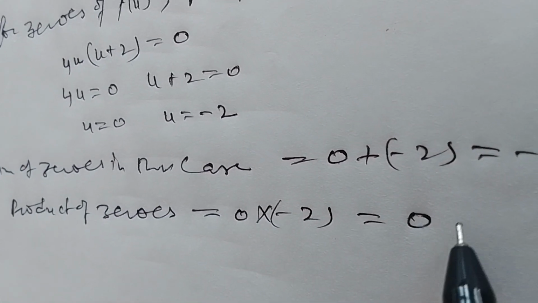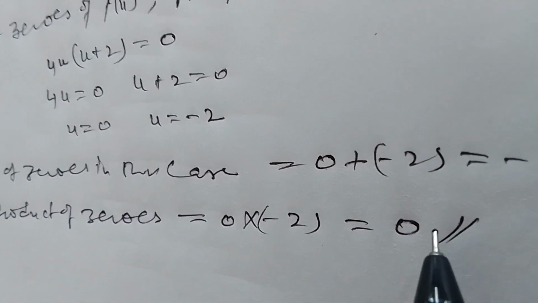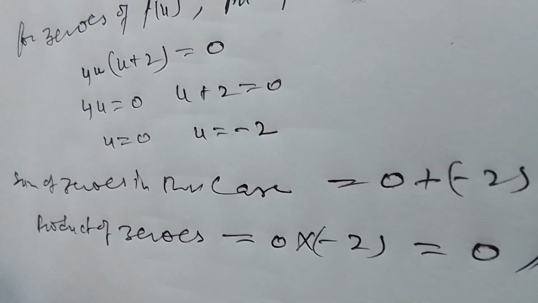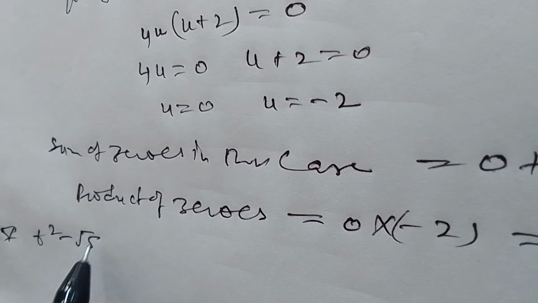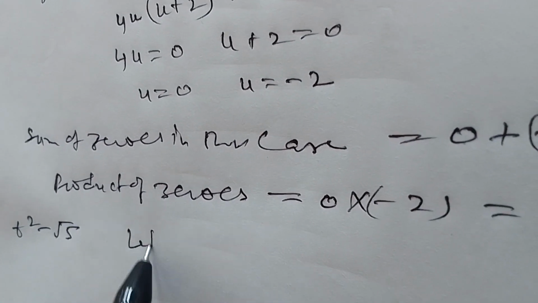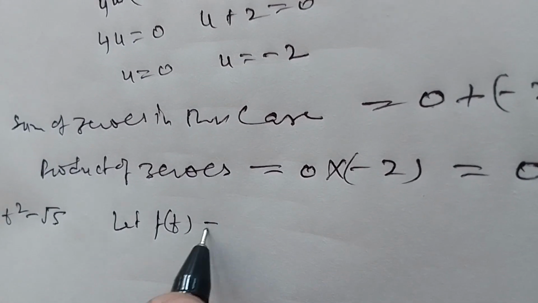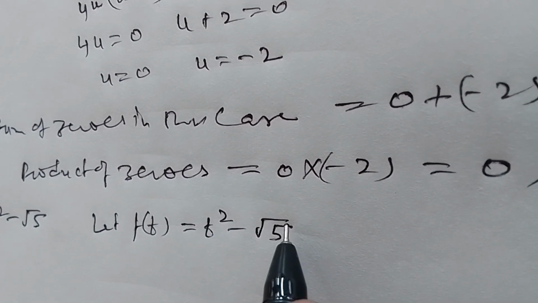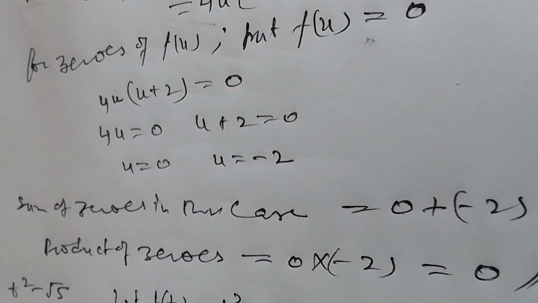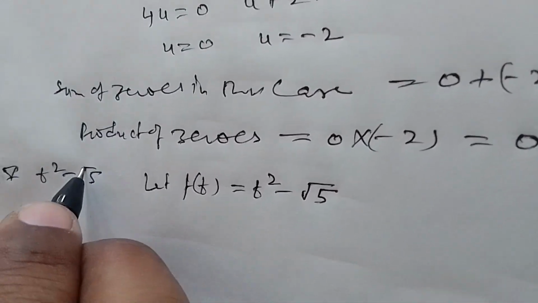So this is the answer of the fourth part of the question. Now the fifth part of the question is t square minus root 15. So let the function f(t) be equal to t square minus root 15. Not 5, it is 15.